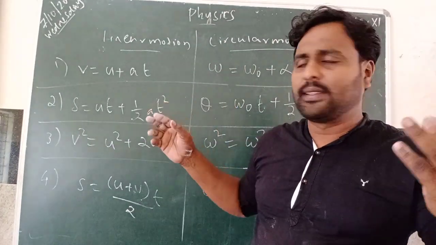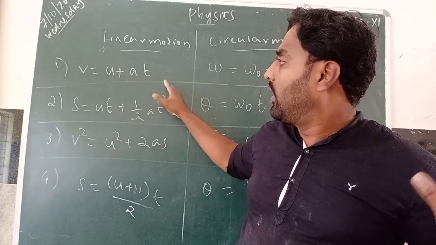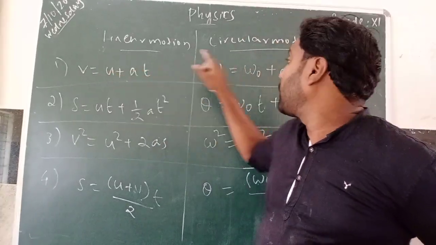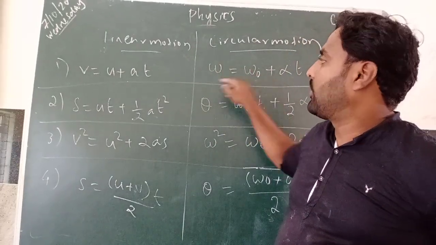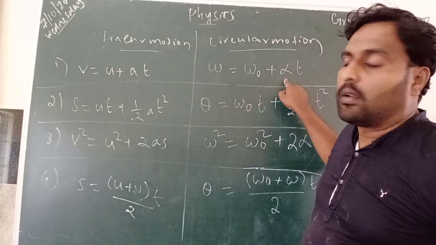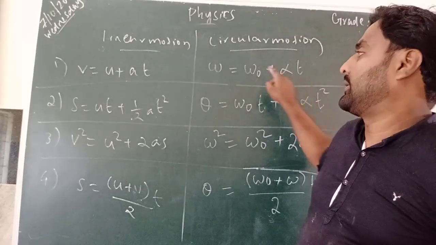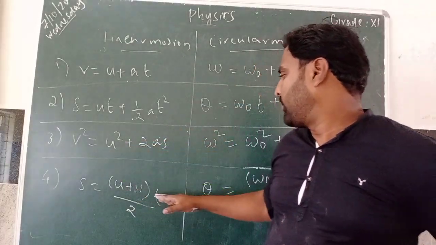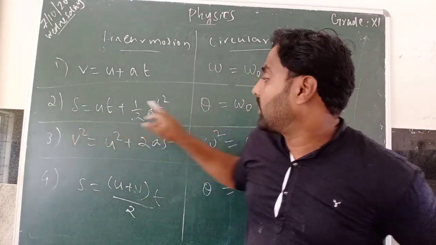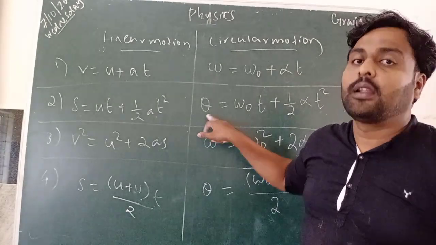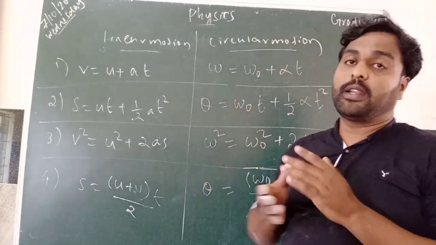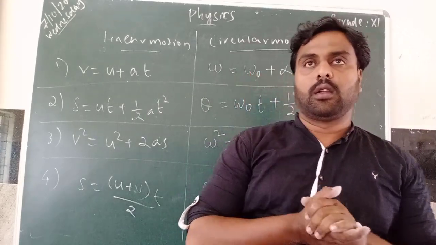Nothing very simple, you all know this formula. Instead of V you have to write omega. Instead of U you have to write omega 0. A means linear acceleration, alpha means angular acceleration. S means linear displacement, theta means angular displacement.